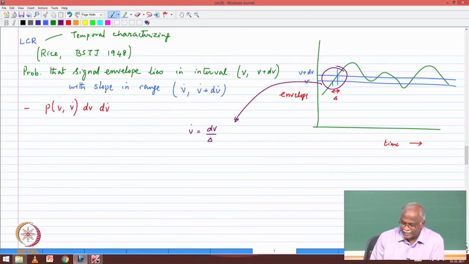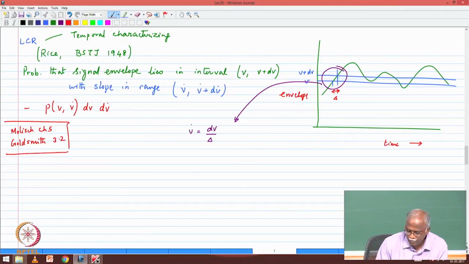Here are the steps involved, and I would encourage you to read the derivation in Mullish chapter 5 and Goldsmith section 3.2. The final result is very important to us, but the method of deriving it is also very important.